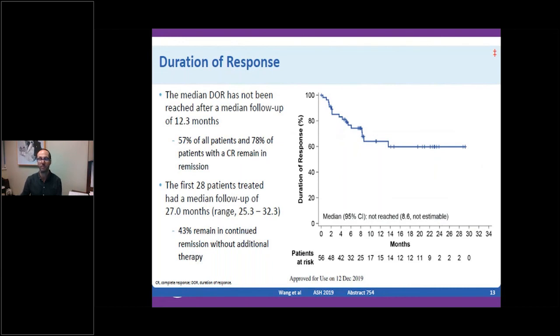This is something obviously we need to keep following over time to see whether or not these responses are going to be sustained. Because if you look at the x-axis, the follow-up is still pretty short. So nobody's using the word cure here, but if this treatment is able to achieve long-term disease control, then I think we might see this differently.